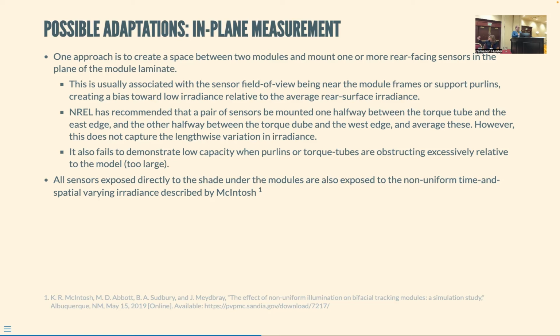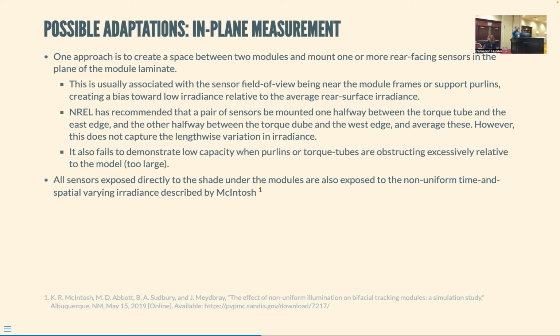It's the same kind of situation as with using module temperature instead of ambient temperature. Who cares if they put large frames on, or purlins that are excessive and causing an increased shade and reducing your bifacial capacity? So there's a problem then with simply putting it at that level.